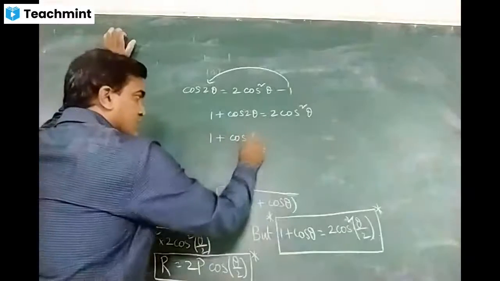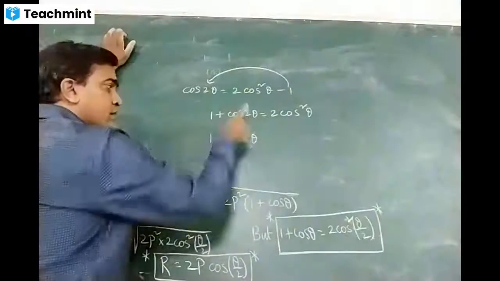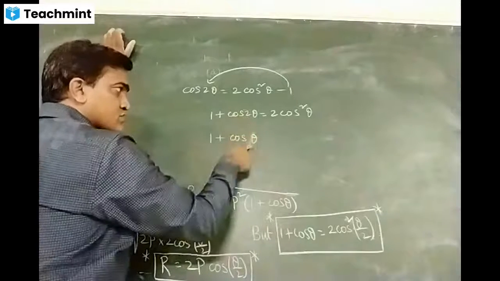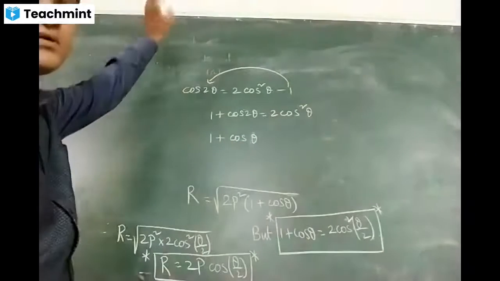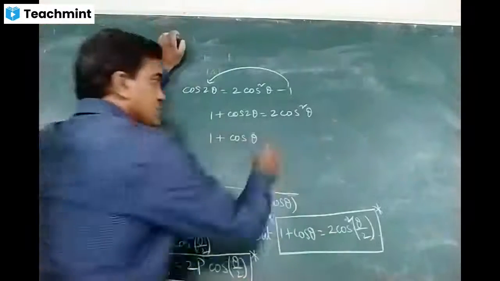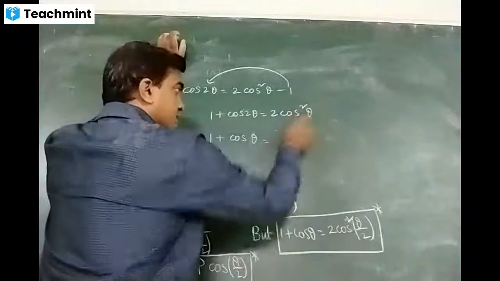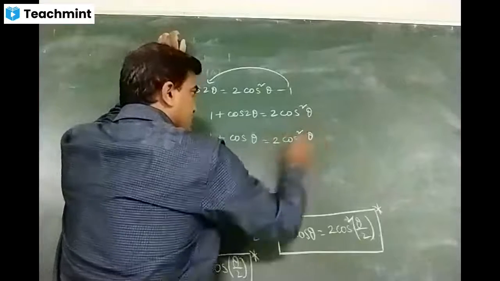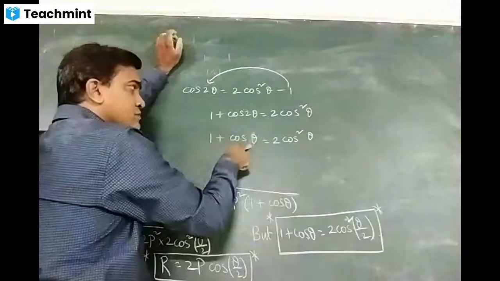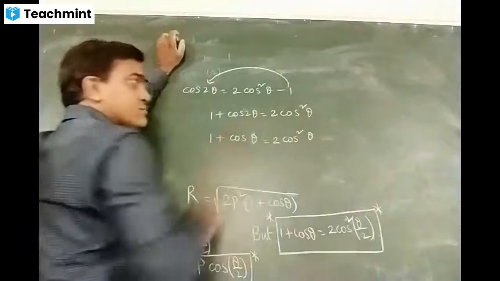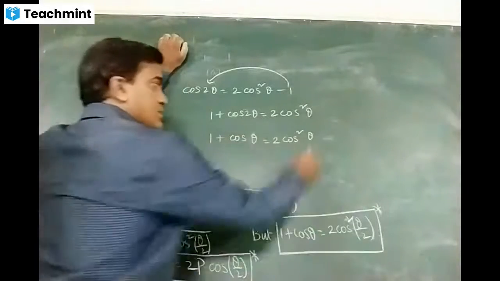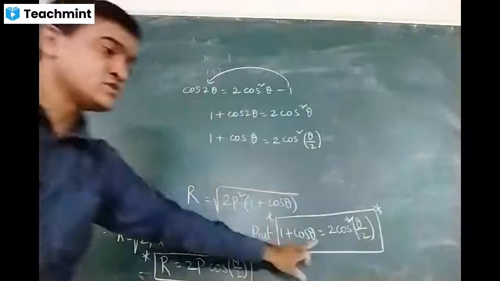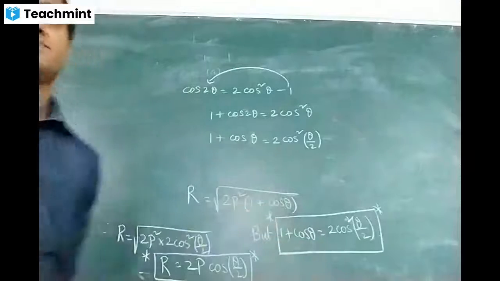That is, what did I do here? If I divide 2 theta by 2, what do I get? I get theta. So here, theta is equal to, divide theta by 2, 2 cos square, because 2 theta has become theta, then theta has to become theta by 2. This is how you will get the formula.